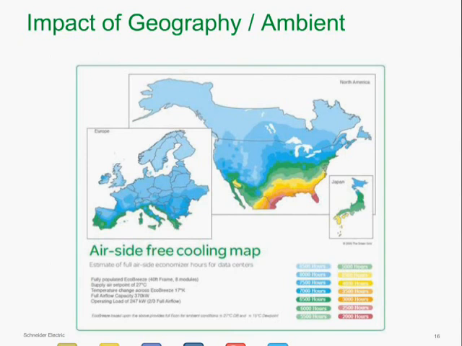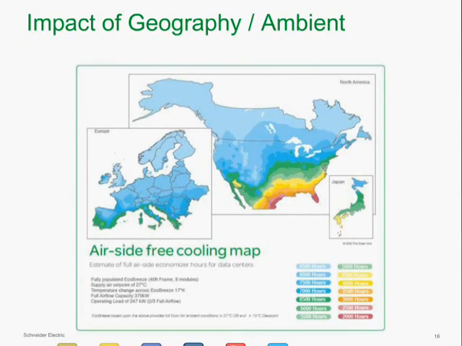And certainly as we push up into some of the northern climates like the Rockies, the Pacific Northwest, and virtually all of Canada, you have a tremendous potential for full or partial economization for every single hour of the year.